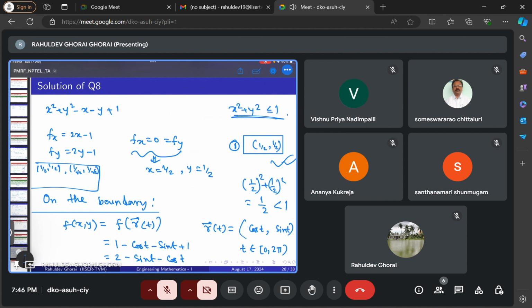And t equal to 5 pi by 4 will be minus 1 by root 2, minus 1 by root 2. Mainly you have to find the value at these points and then tell where the maxima lies.